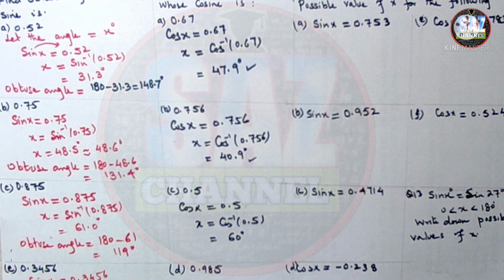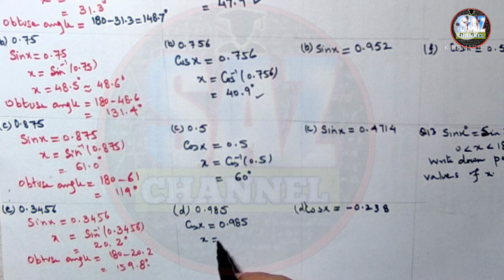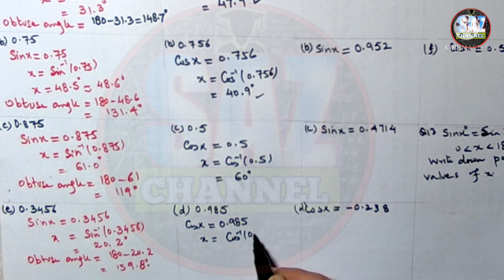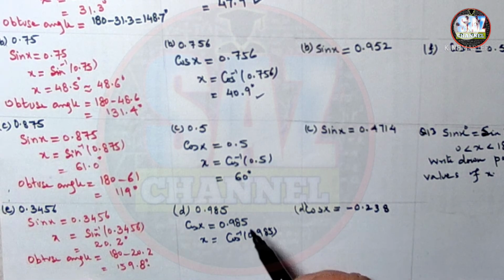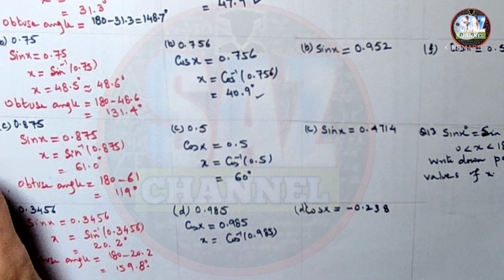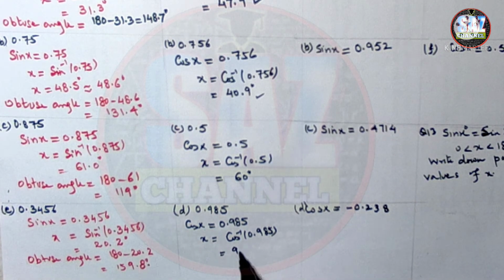Okay, and the last part is cos of x equals 0.985, and x equals cos inverse of 0.985, and this gives me, let me recheck it, cos inverse of 0.985, and let me close the bracket, and this is 9.936, and that can be approximately 9.94 degrees.